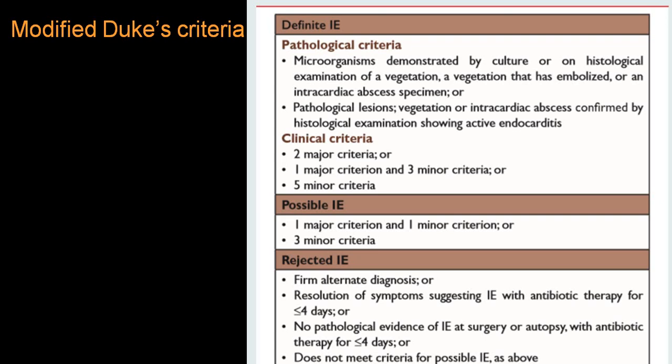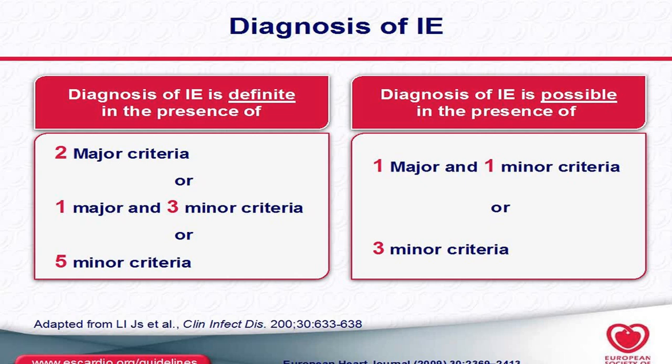So these were the 3 groups which were classified: definite, possible, and rejected. So you have to separate out into these 3 groups. In definite, 2 major or 1 major plus 3 minor or 5 minor, and for the possible variety, 1 major with 1 minor or 3 minor. So that was taken as standard.